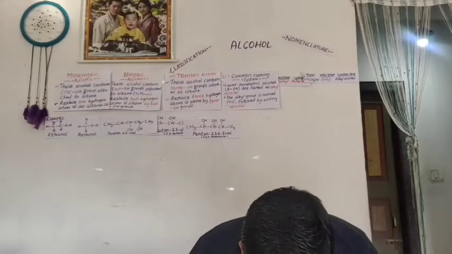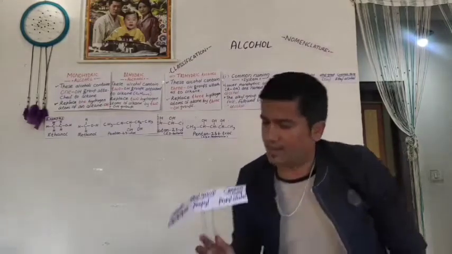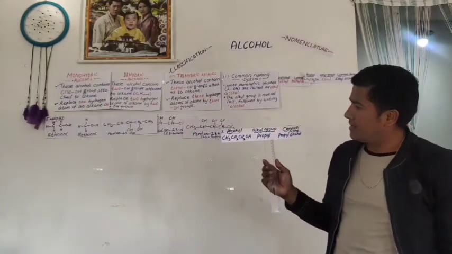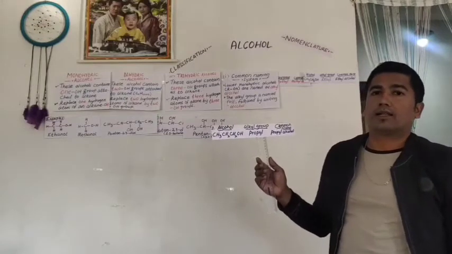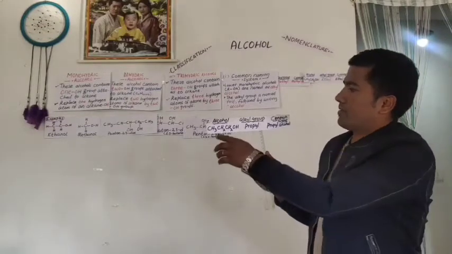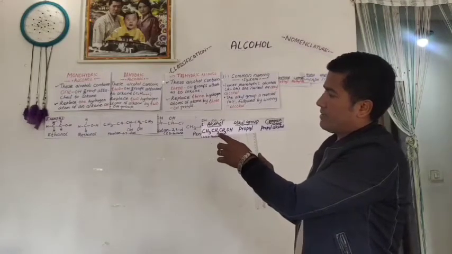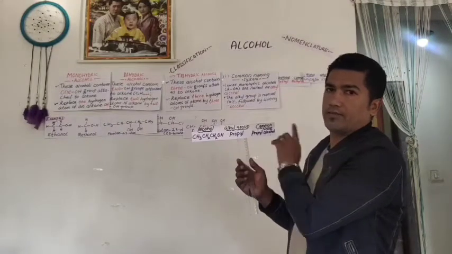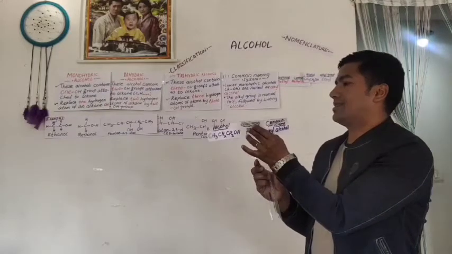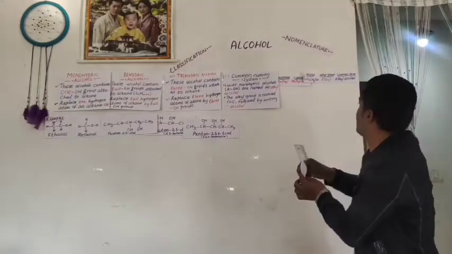Another example: this is propyl alcohol. Why? Because we have these 3 carbons here, 1, 2, 3. So CH3CH2CH2OH is propyl alcohol. So we are dealing with the common naming system now.